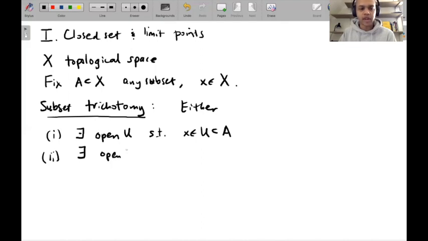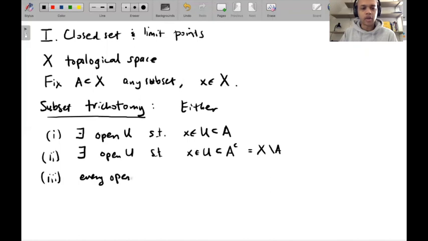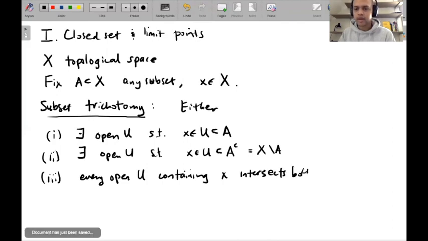Or there might be an open set U so that X is in U, which is contained in the complement of A, so this is X minus A. Or it might be the case that every open U containing X intersects both A and A complement.